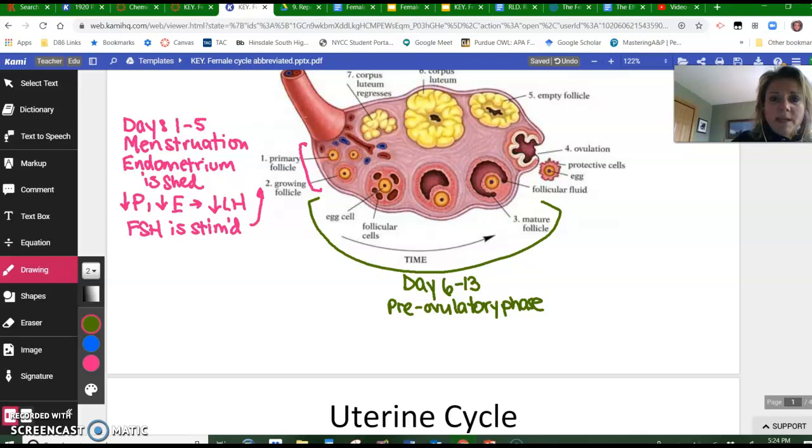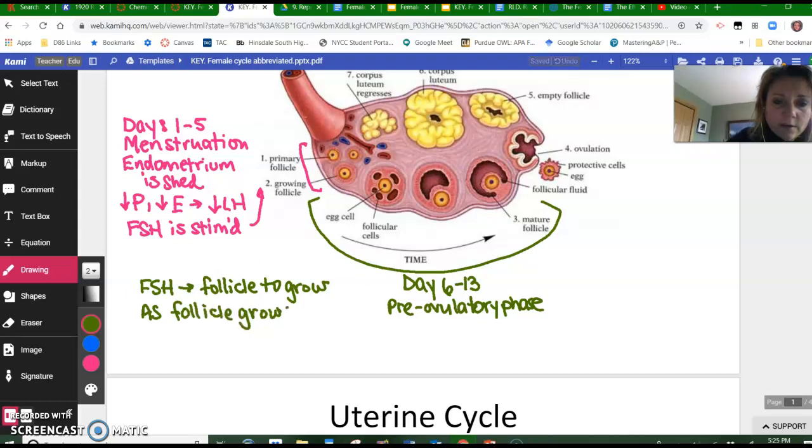And what is happening here is that FSH is causing the follicle to grow. And as the follicle grows, it releases more and more estrogen.